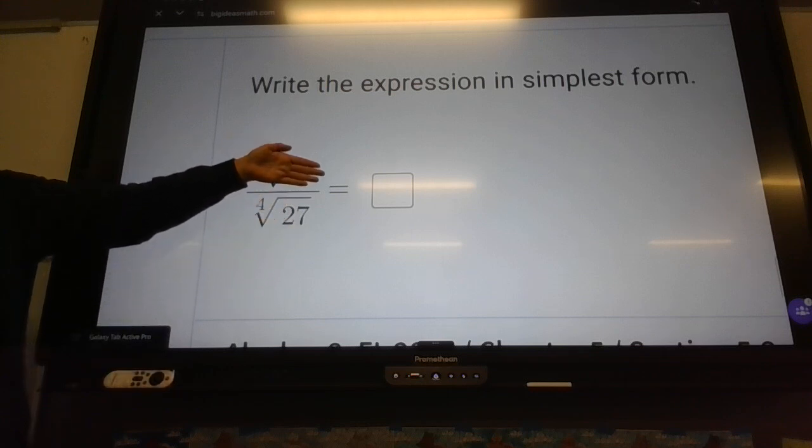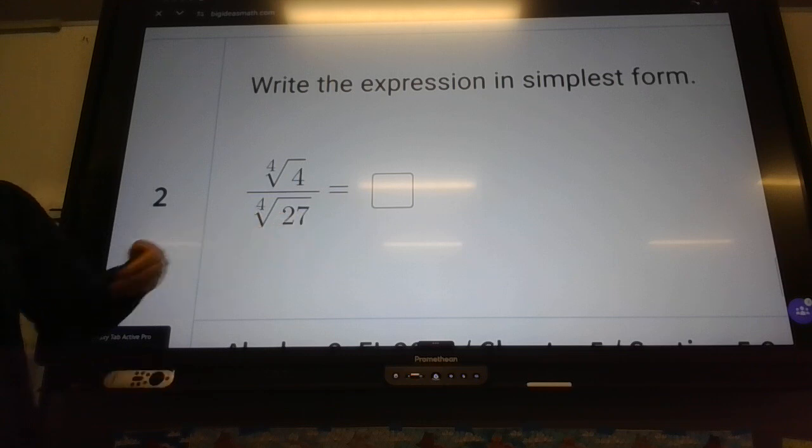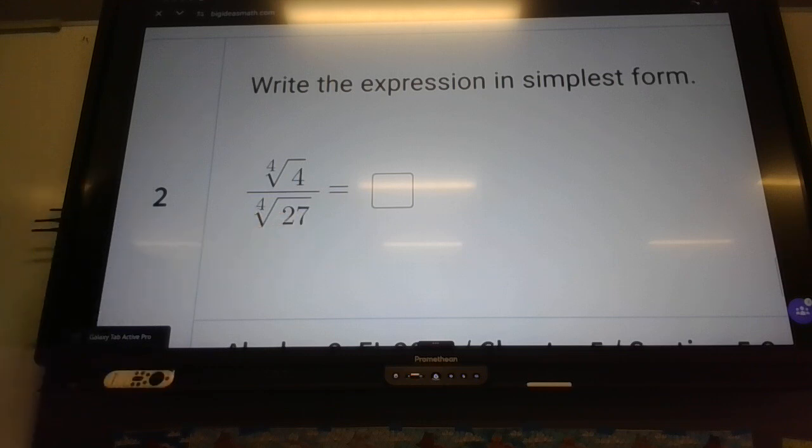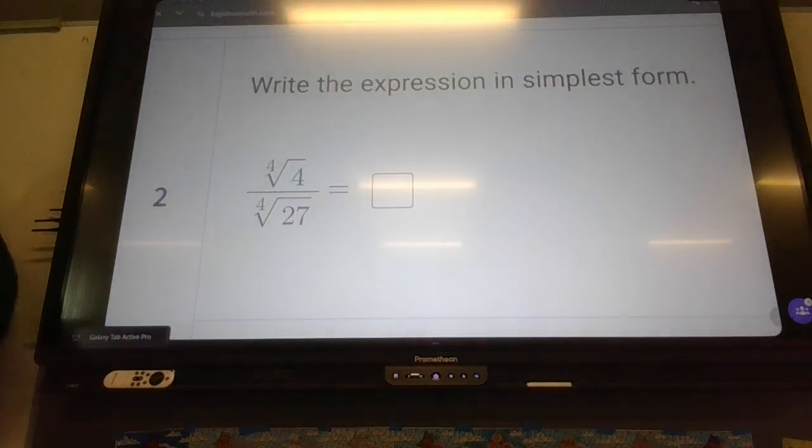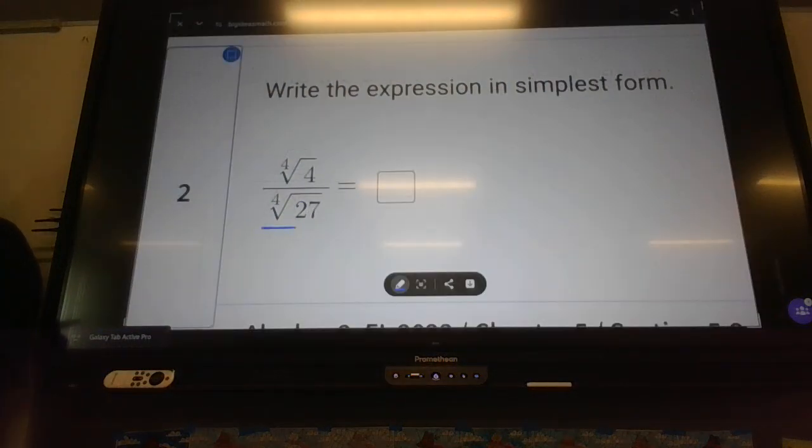I'm not concerned with the top. I'm only concerned with this bottom. It says write it in simplest form. Simplest form means the bottom should be a rational regular number, not a radical. So 27, you should recognize that you can write it as 3 to the third. So you're thinking to yourself, can I write this as a smaller number with an exponent?